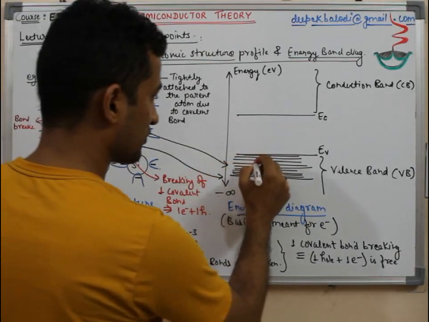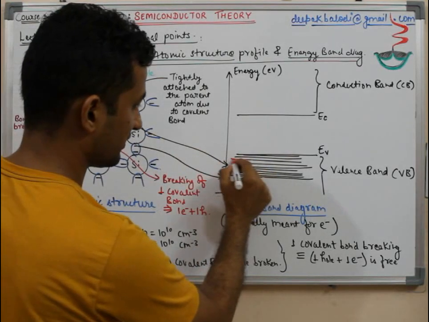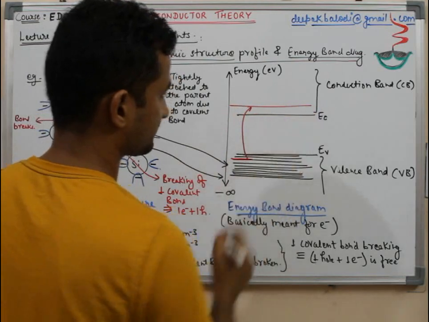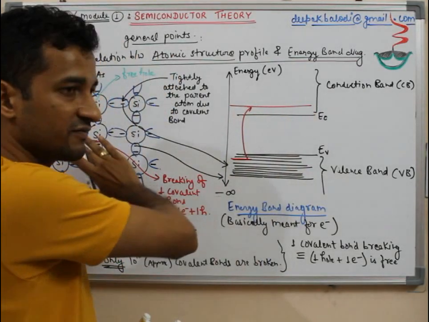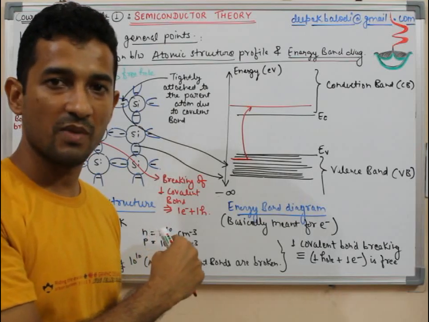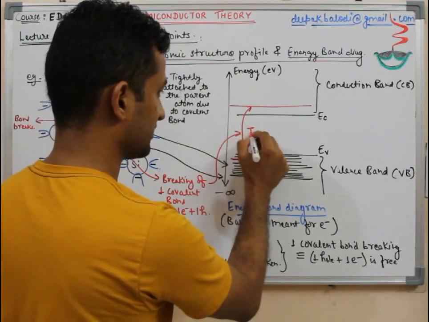This corresponds to, let's say this energy was somewhere here, then it goes like this. So this same phenomenon of breaking of a covalent bond in atomic structure is understood by a transition. So this effect is the same as this.